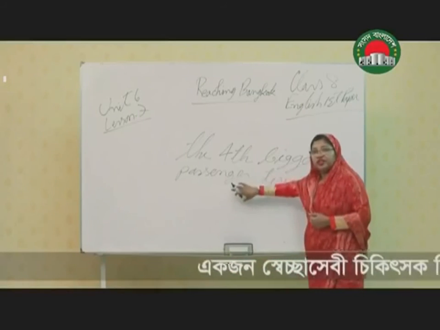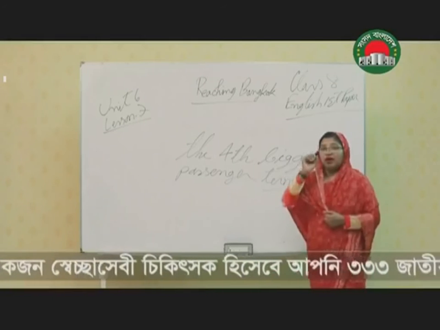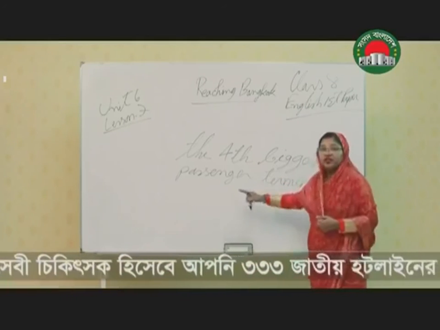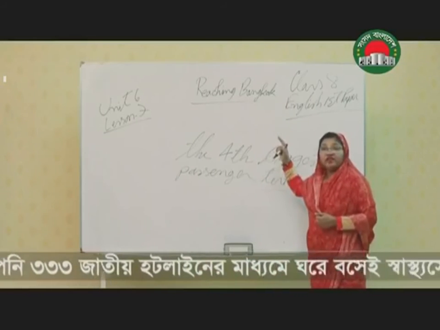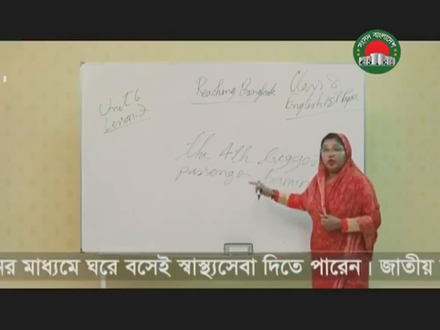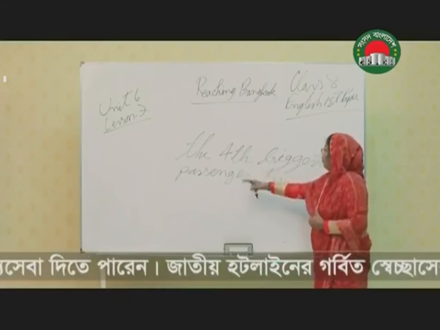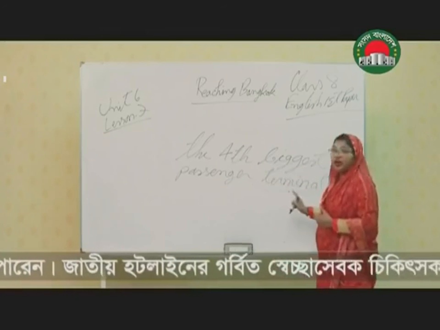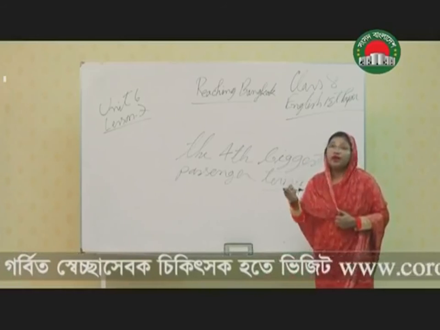Although this information is in your text, I am suggesting you to write this information in your script so that it is a very important information about an airport and about your text. The fourth biggest passenger terminal building. Where? In the Suvarnabhumi airport.